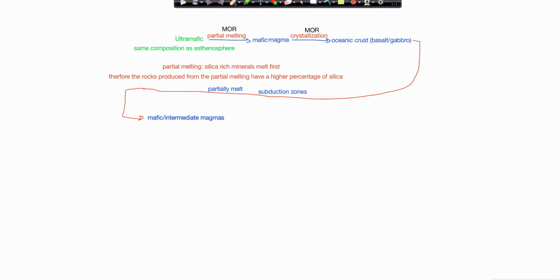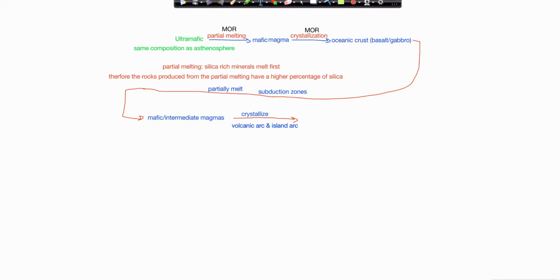So then these are going to crystallize. They're going to crystallize in volcanic arcs and island arcs. If you don't remember what those are, you should go back and refer to chapter 3, because it talks about plate tectonics.